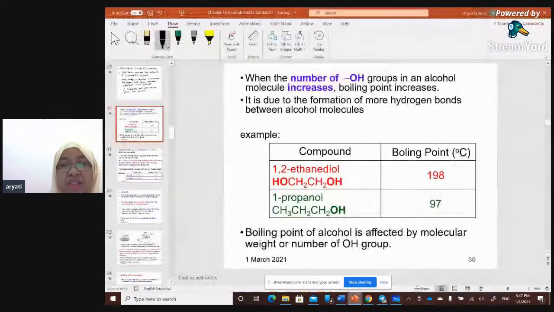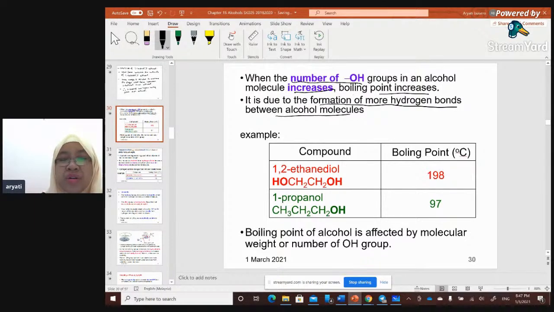When the number of OH group in the alcohol molecule increases, the boiling point increases. This is due to the formation of more hydrogen bonds between the alcohol molecules.